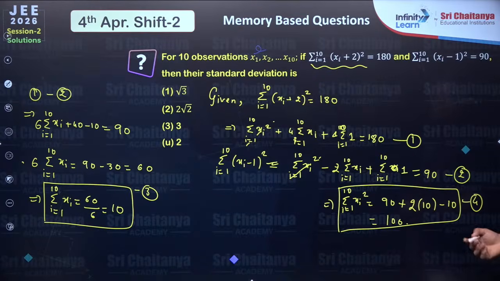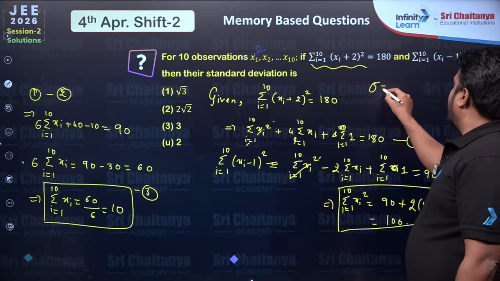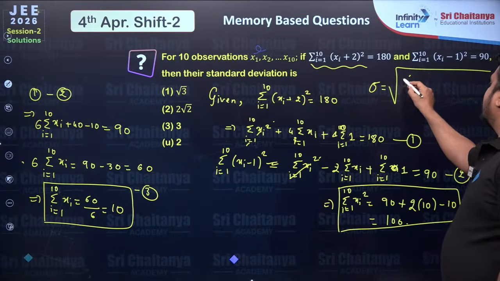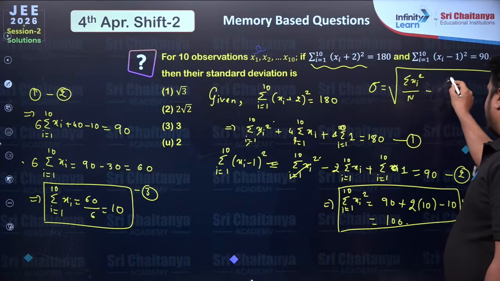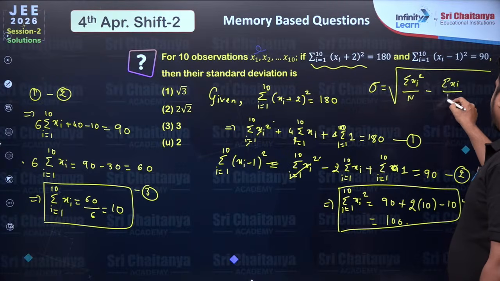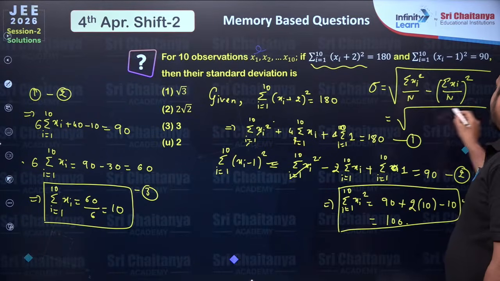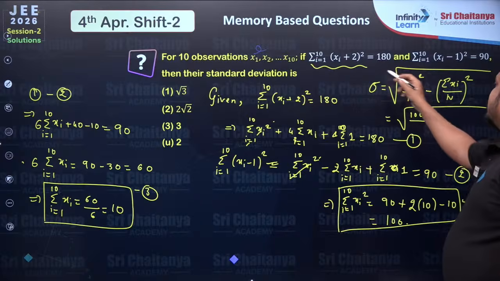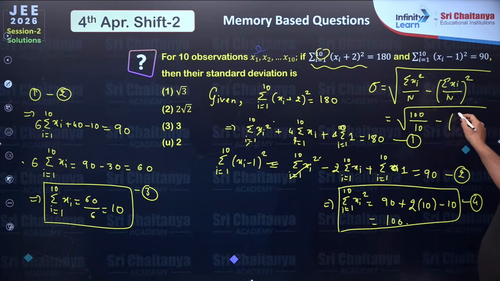Now guys, we just have to apply the formula for standard deviation. All of you must know this formula: square root of summation of xi square upon n minus (summation of xi upon n) whole square. So this will be 100 upon, since we have 10 data points, divided by 10, minus summation of all the xi elements, 10 upon 10.